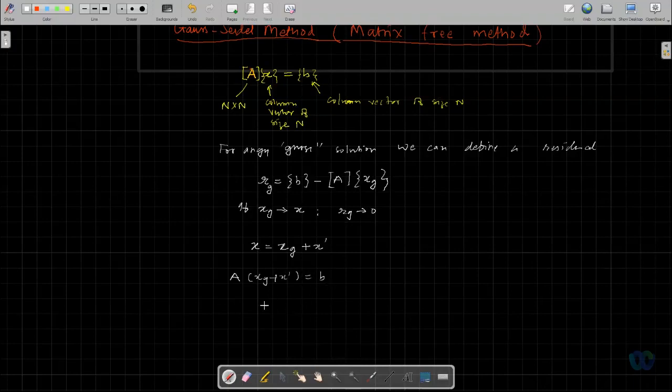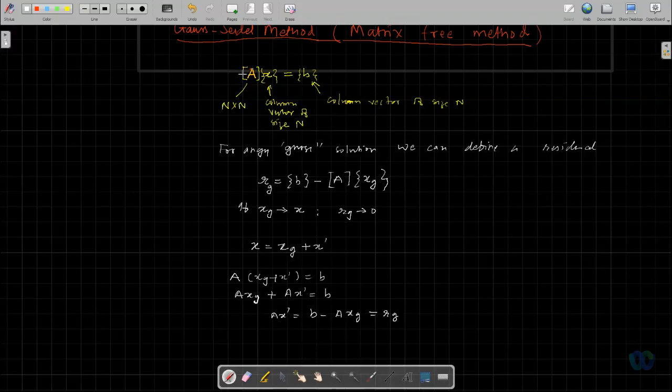Now A xg plus A x prime is equal to b. Now A x prime is equal to b minus A xg, and this b minus A xg is nothing but Rg.